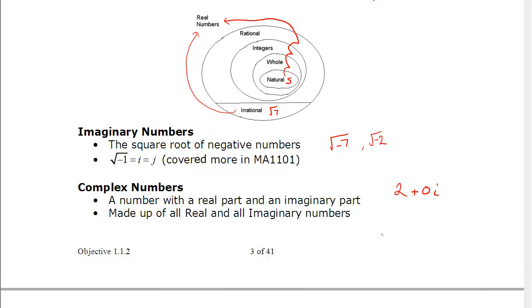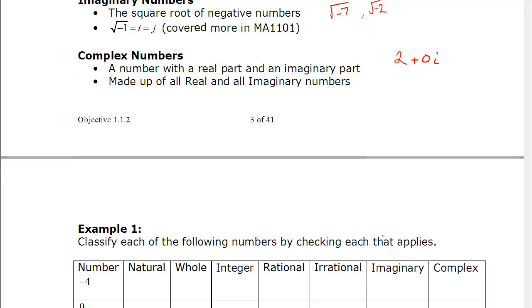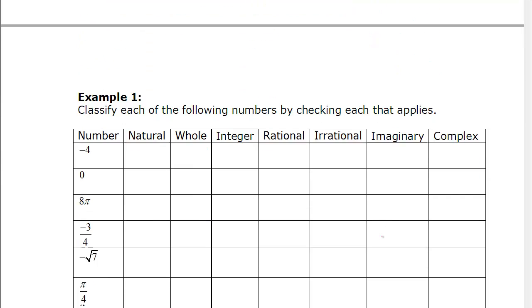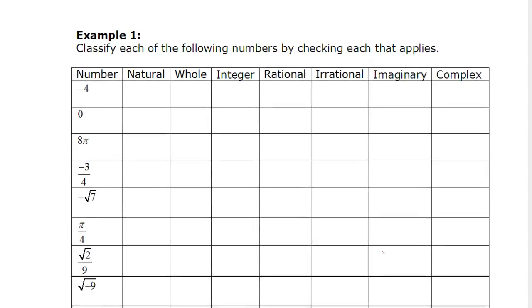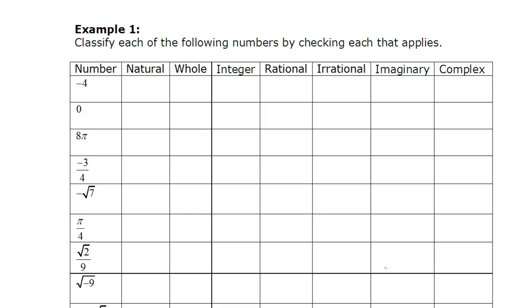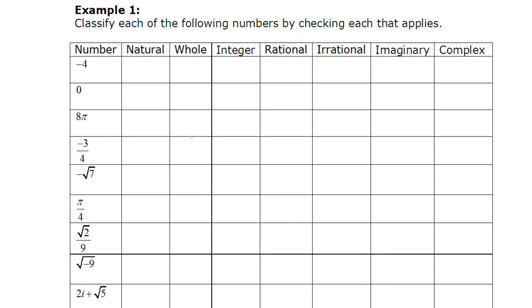So we're going to work through an example where we classify numbers according to which set they belong to. This first example says classify each of the numbers by checking each that applies. So for example, the number -4. Well, the natural numbers are counting, so it doesn't belong there. Whole numbers are counting plus 0, so it doesn't belong. Integer is where we first saw the negatives, so it belongs there.